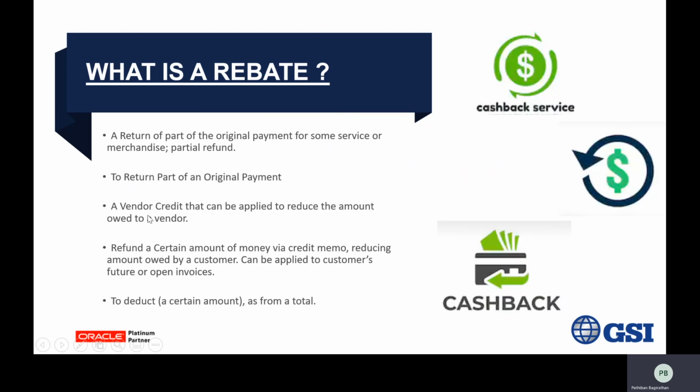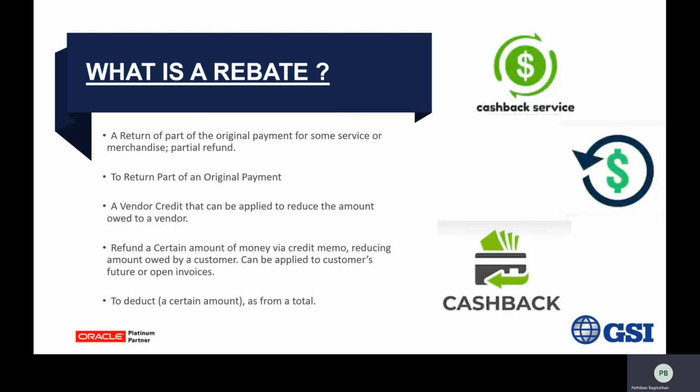You can also have a vendor credit, so that can be applied to reduce the amount owed to a vendor. So somebody purchases something from a vendor, let's say Amazon, and then you find out that one of the products was defective, so that you get a vendor credit. Or let's say you order in bulk or in volume, and then you get a vendor credit for that, okay?